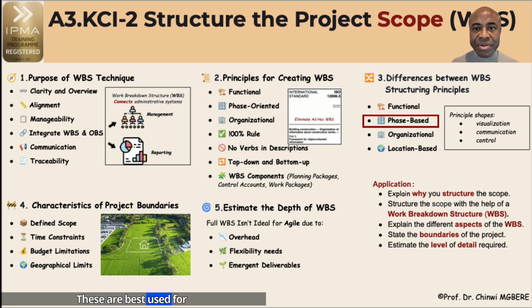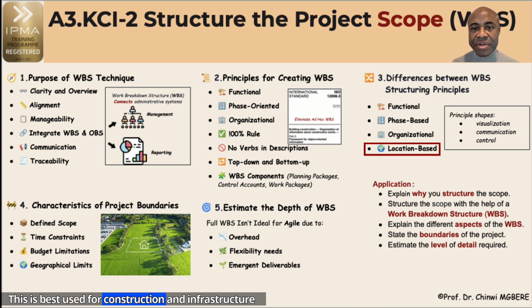These are best used for software development, research and development projects. Based on departments or roles, for example, civil works team, electrical engineering. These are best used for internal improvement projects. Organized by geographic area, for example, Site A, Site B, and Site C. These are best used for construction and infrastructure projects.